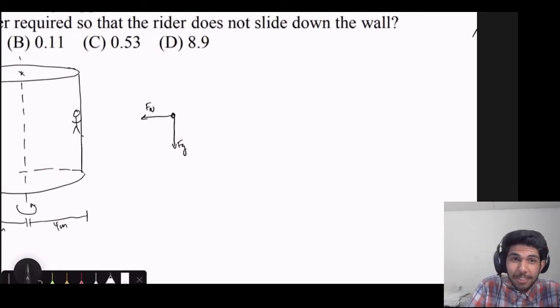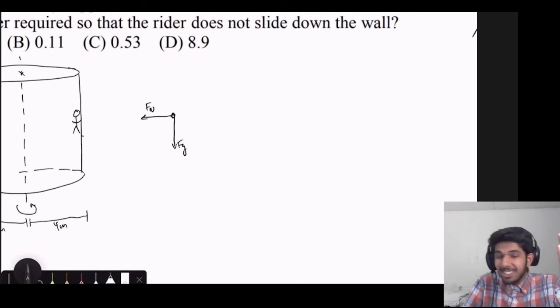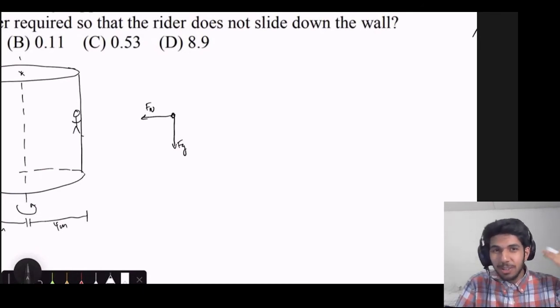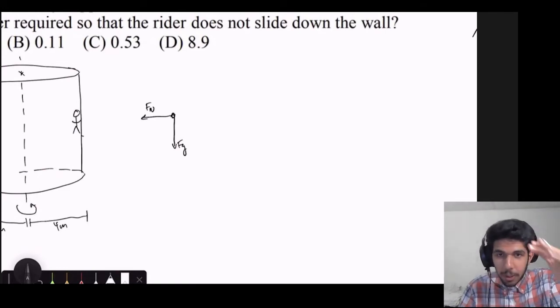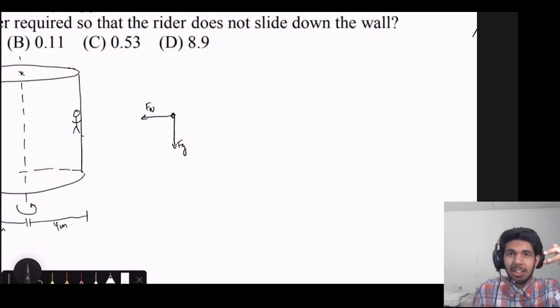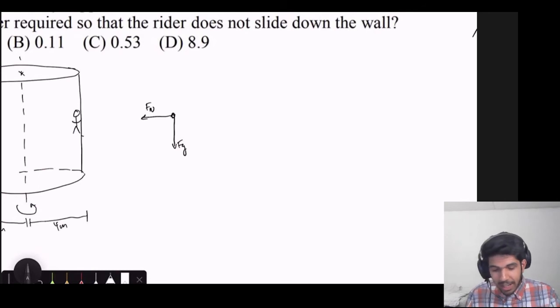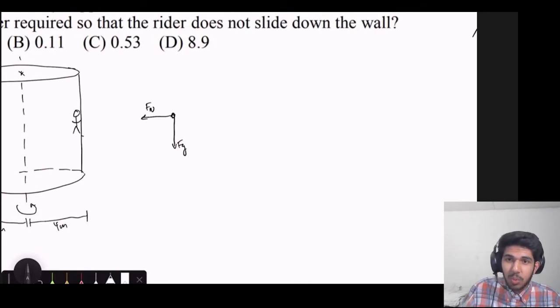Now we have to figure out friction. And this is also quite weird. We should remember the definition of friction is that friction points in the direction opposing motion. So we don't want the rider to slide down the wall. We need friction to keep them from sliding down the wall. And if they were to slide down the wall, that would be due to the force of gravity.